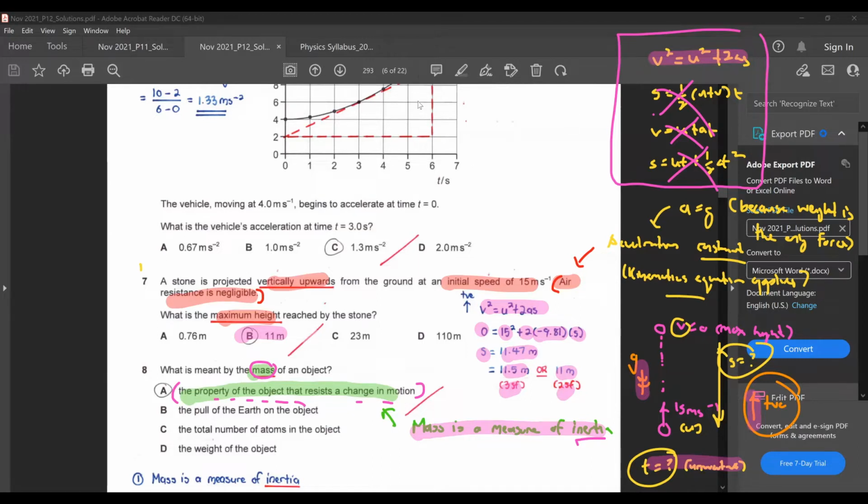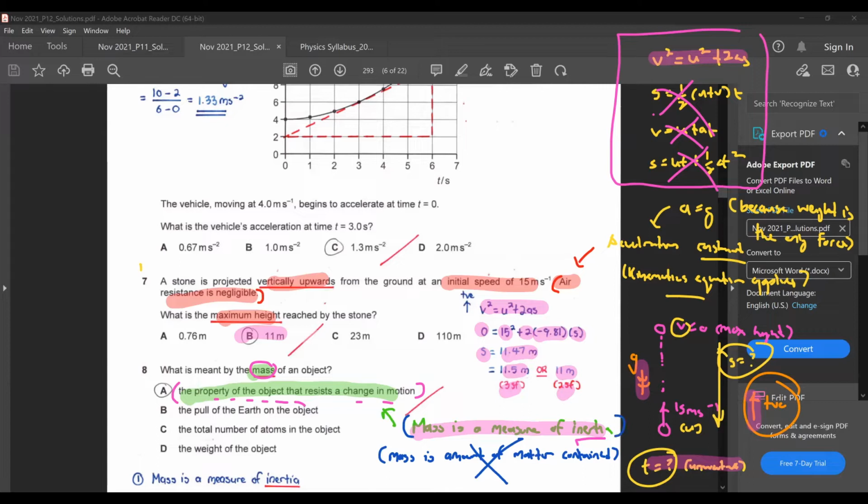In IGCSE or SPM, you probably would have learned mass as the amount of matter contained in an object. In GCSE or SPM, this is the definition that you guys use, but in A levels, you don't use this. You use the first one.